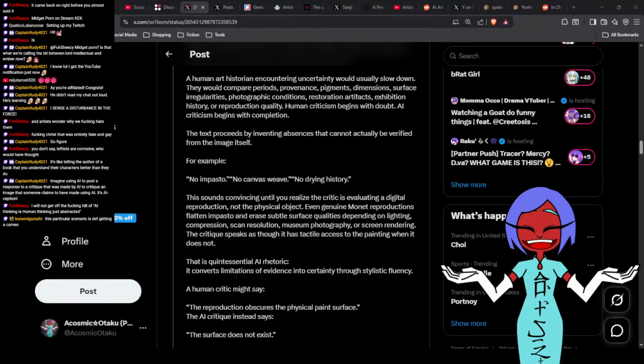I actually agree with Sabine Hossenfelder and Liquid Zulu on this in particular. I don't care that AI doesn't have the magical property of qualia, which, by the way, you also can't define in a concrete way; it's a completely abstract definition. But I digress. Kura says, this particular scenario is definitely getting a cameo. Oh my god.